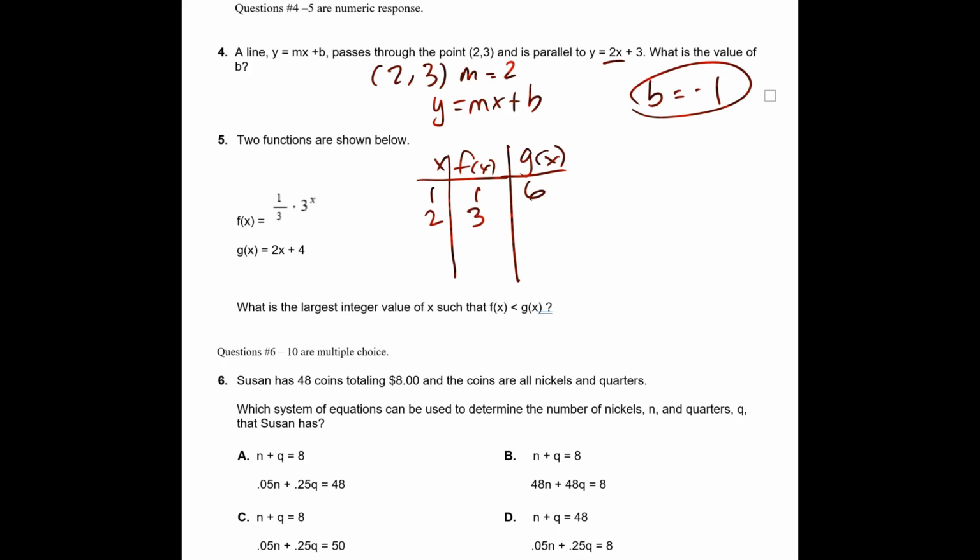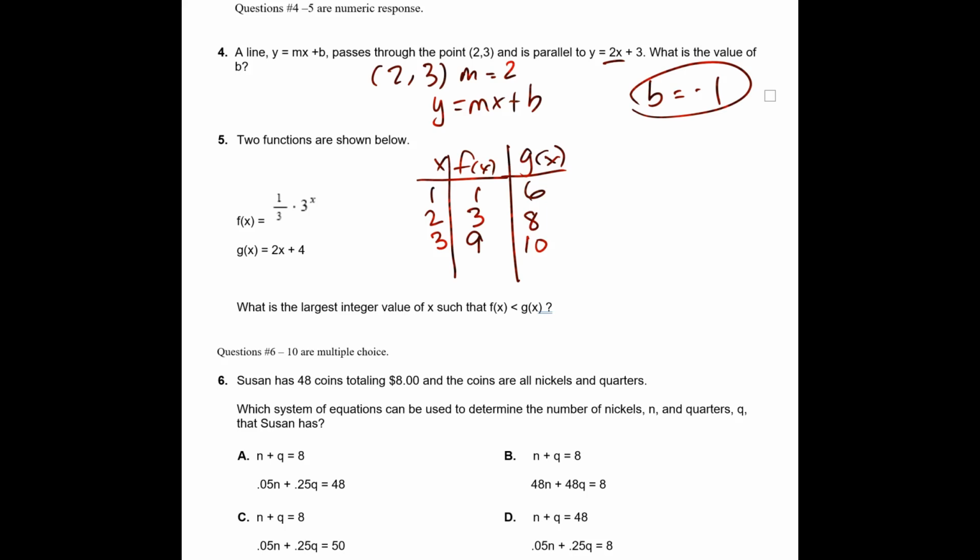Okay. And then we will have 2 times 2 is 4 plus 4 is 8. So I think this question is written wrong because f of x is already less than g of x. So I think it's a typo, but you know, I think we'll get to the point. 3 cubed is 27, a third of that is 9, 3 times 2 is 6, plus 4 gives me 10.